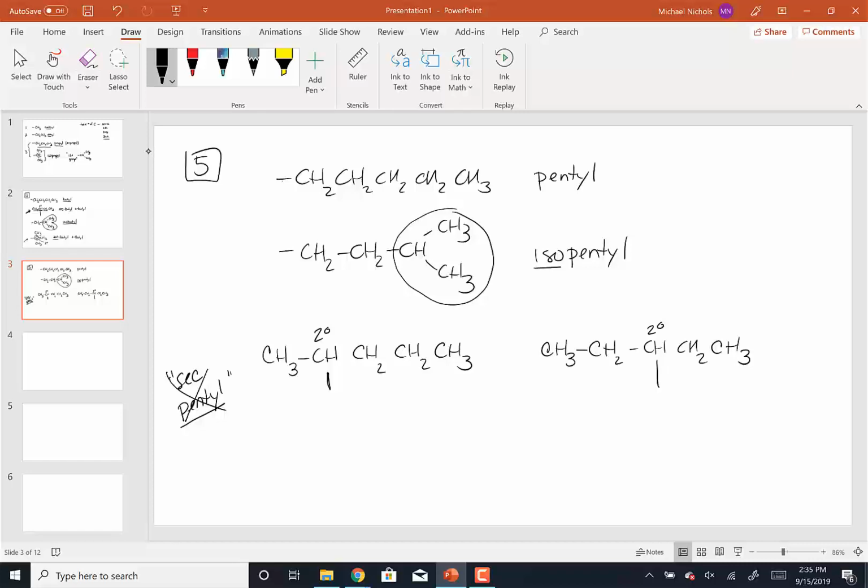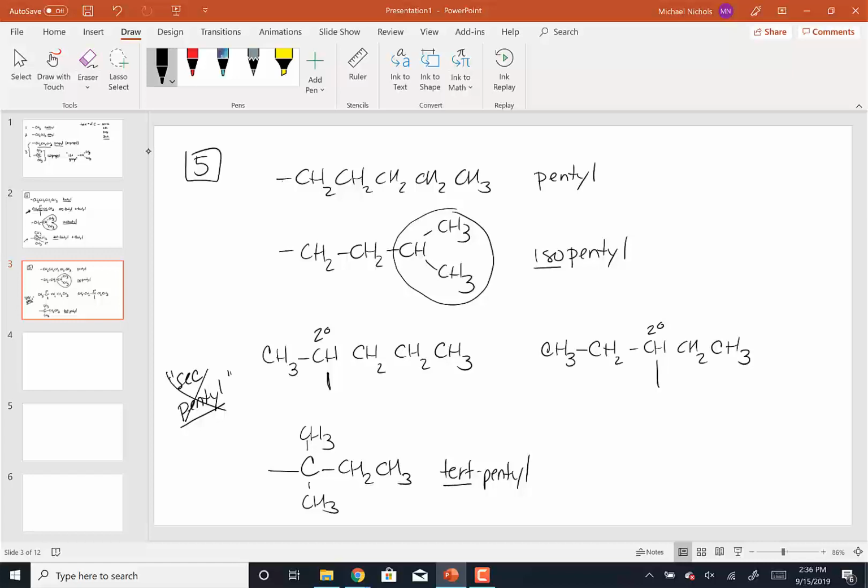On the other hand, there is a tert-pentyl group. So if my attachment is there and I try and arrange the atoms, here's how I arranged the 5 carbon group, and so this is a tert-pentyl group, and it is unique, and it's the only way to have a tertiary carbon attached in a pentyl group.